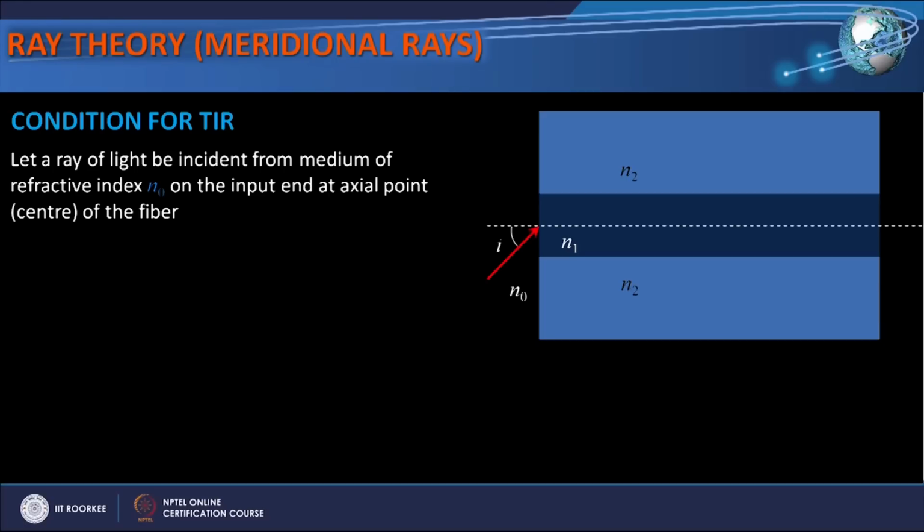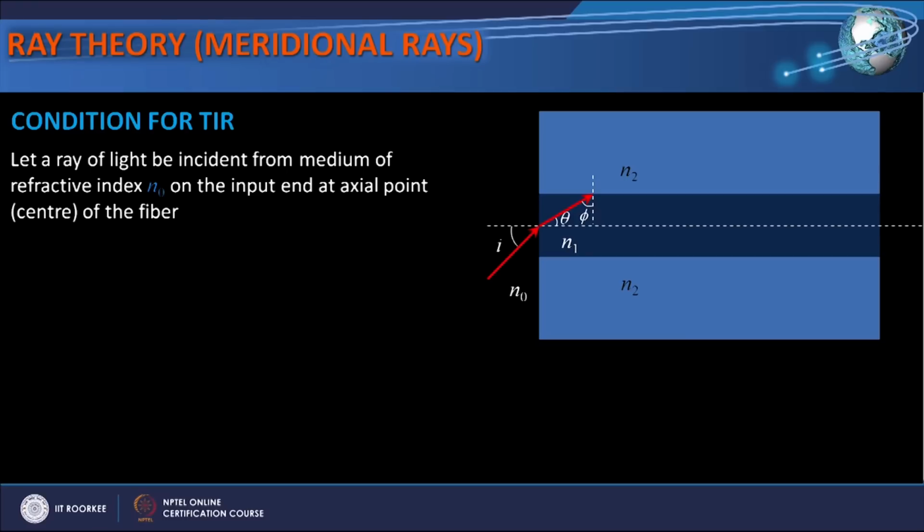Now, let me launch a ray from the outside medium onto the input end of the fiber, let us say at an axial point, and it makes an angle I from the axis of the fiber. Now, when this ray enters the fiber, it is refracted, and let this refracted ray make an angle theta from the fiber axis and correspondingly an angle phi with the normal to the interface of core and cladding.